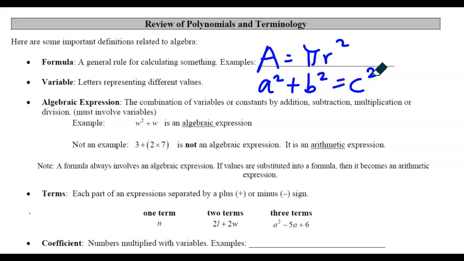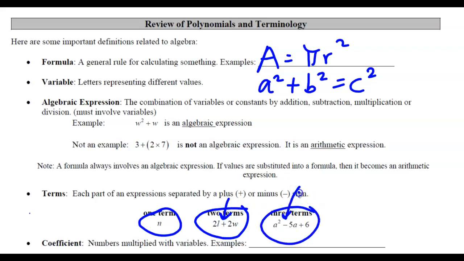Terms are each part of an expression that's separated by an adding or a subtracting sign, plus or minus. So that example there, n, that's one term. There's no adding or subtracting. This has two terms because there is one adding, and this has three terms because there are two adding or subtracting signs.